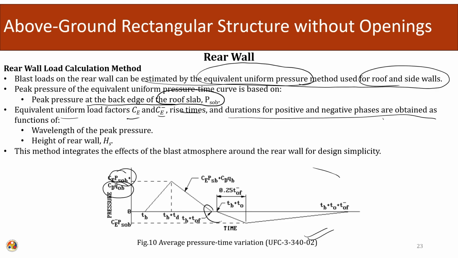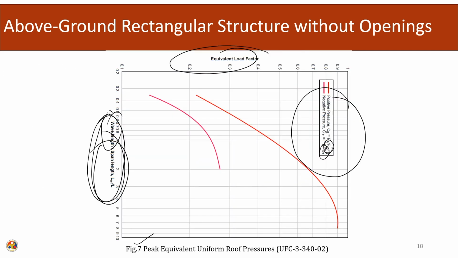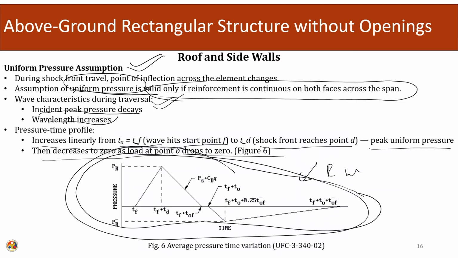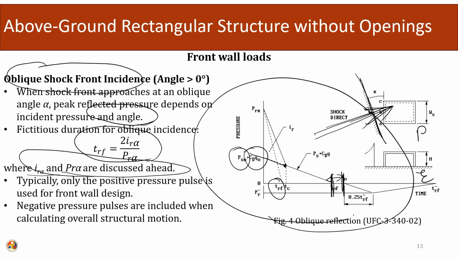And here you can see again there is a gap between the positive and the negative phase. So, this is the equivalent design pressure curve that is used for the design of the rear wall. Similarly, this curve was used for the design of the roof and side wall, and this curve was used for the design of the front wall.